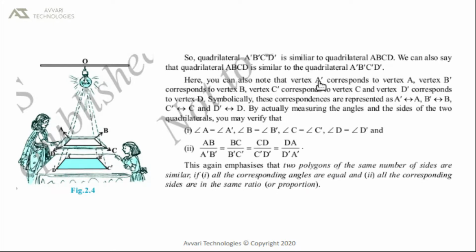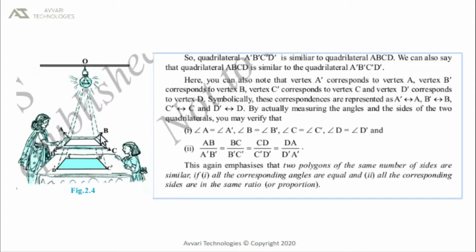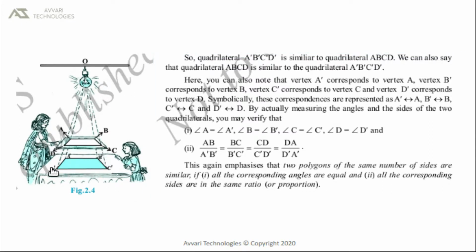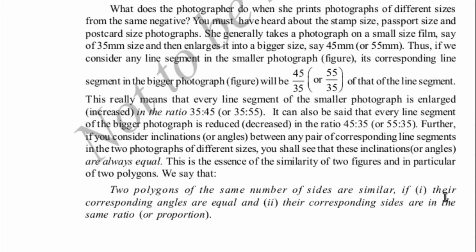Here we can note that the vertex A dash corresponds to vertex A. Symbolically, this correspondence could be written as A dash, two arrow symbols, that is corresponds to A. We will say the correspondence as A dash corresponds to A. Similarly, we can say that B dash corresponds to B, C dash corresponds to C, D dash corresponds to D. So we need to prove two things, that is, their corresponding angles are equal and the lengths of the corresponding sides are in proportion.